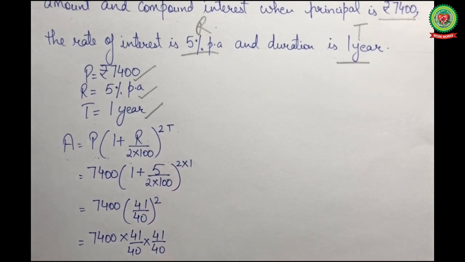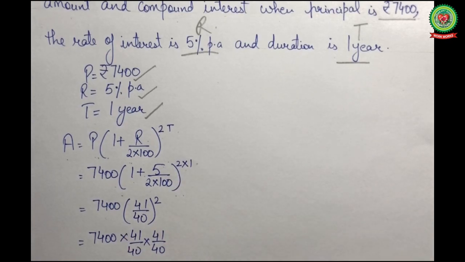Now we are going to substitute the values of P, R and T. On substituting, we get 7,400(1 + 5/(2 × 100))^(2 × 1).